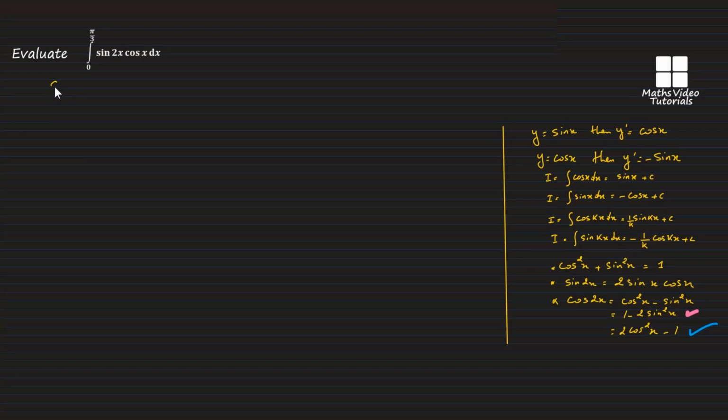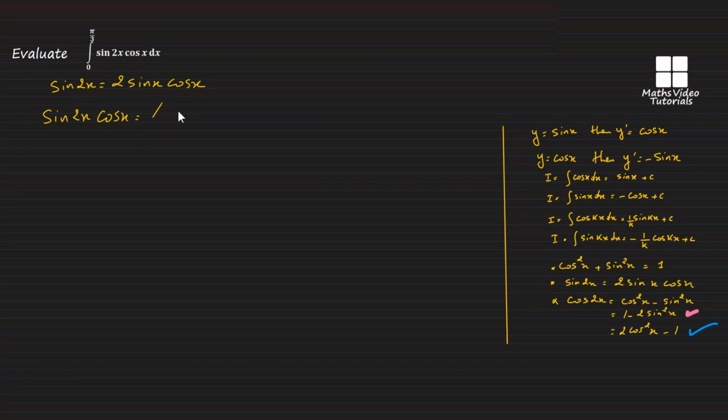So let's write it down here. We've got sine 2x is equal to 2 sine x cos x, and therefore if I do sine 2x times cos x, the cos x here will multiply by this cos x, and we will end up with cos squared x.